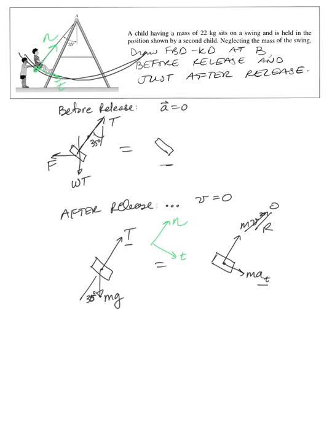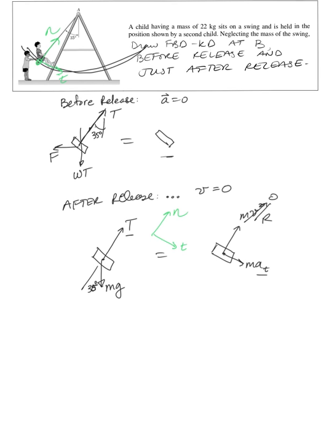And so just to finish this, we'll also do it right at the bottom, at the very extreme bottom of the motion. We'll go ahead and also draw the FBD KD. So I've got a tangential direction, I've got a normal direction, I've got the tension, I've got the weight of the child.